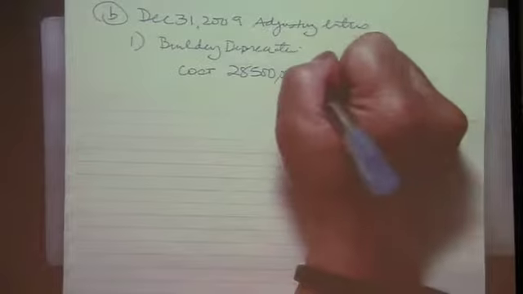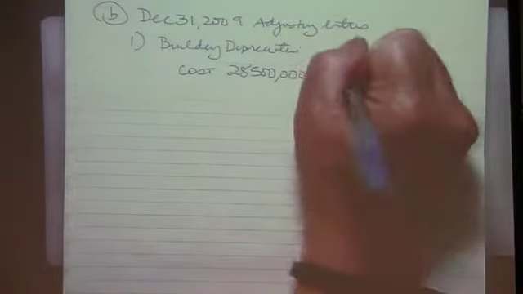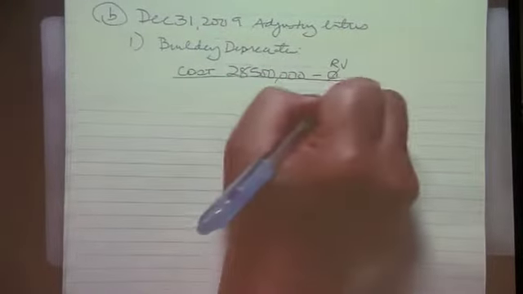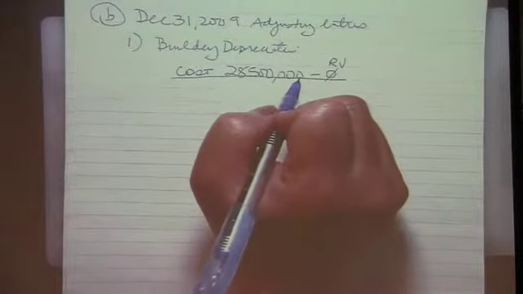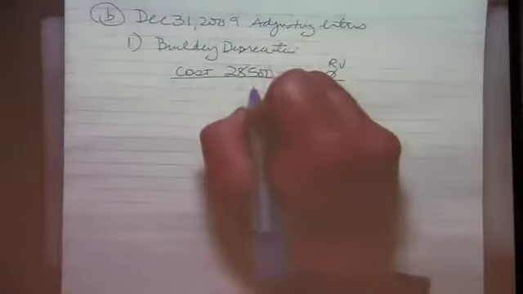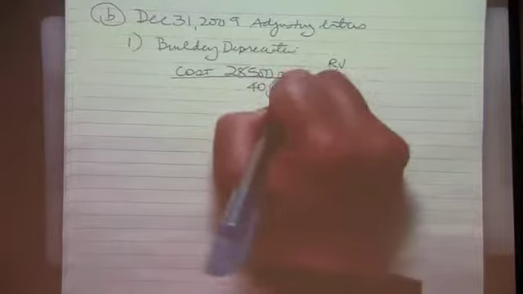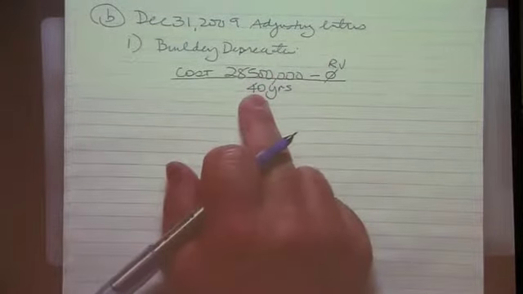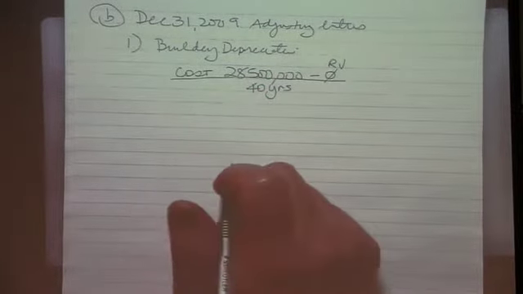We're told there was no residual value, and the useful life it says is 50 years. But our standard says 50 years is too long, and in fact our standard says we should amortize the asset no more than 40 years. So that's why this is not 50, it's actually 40.